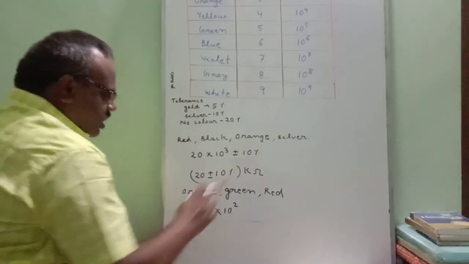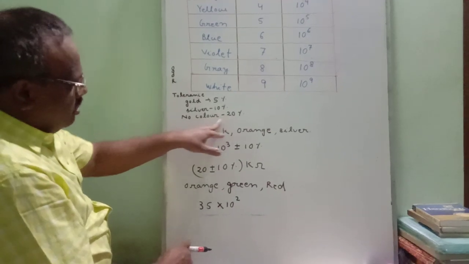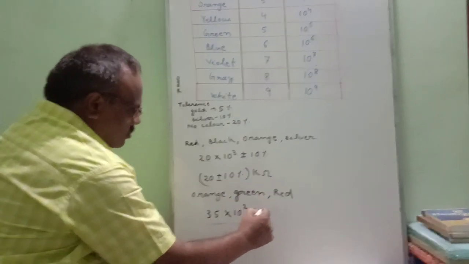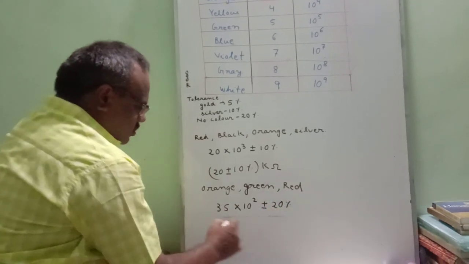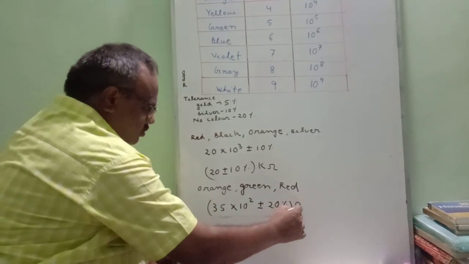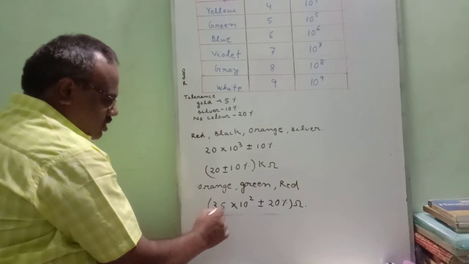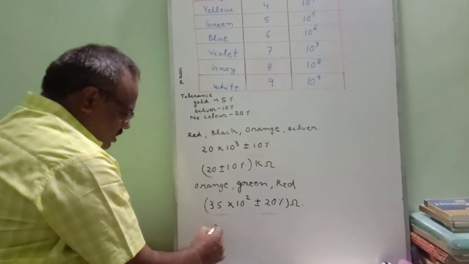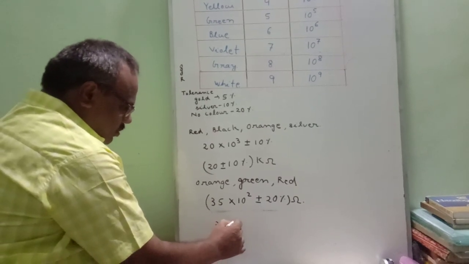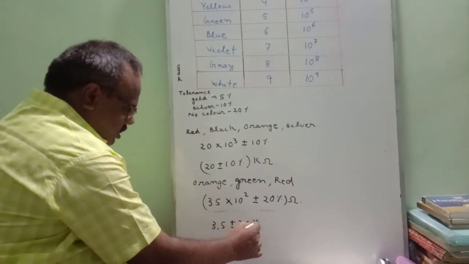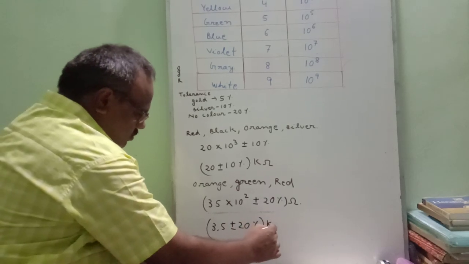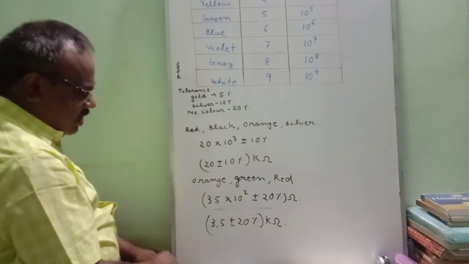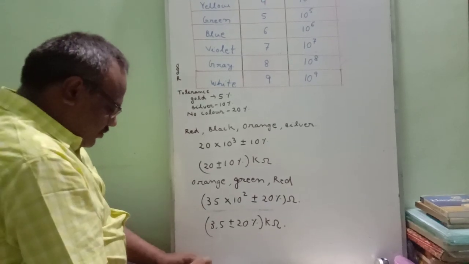Now there is no fourth color. If there is no color in the fourth color band, then the tolerance is 20%. Or this can be written as 3.5 plus minus 20% kilo, because if you write 3.5, then it becomes 10 to the power 3.